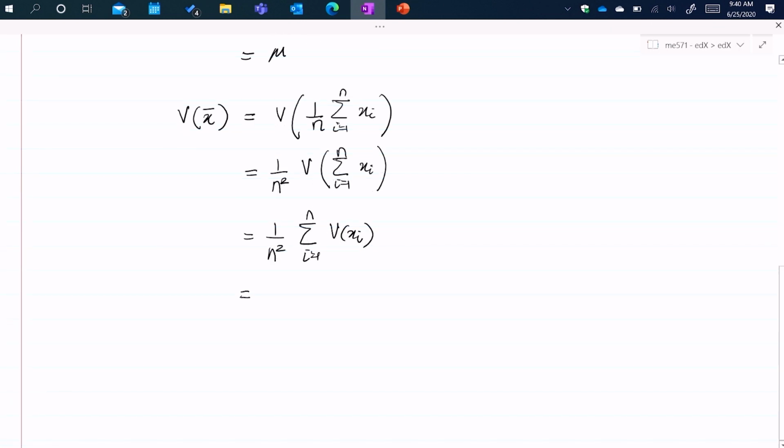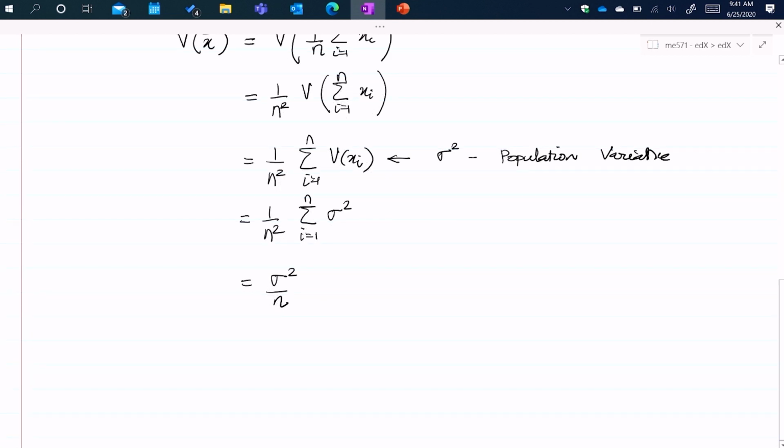And in turn, what we're going to say is that the variance of each xi is equal to sigma squared, which is the population variance. And therefore, this gives us the expression that we seek, which is sigma squared over n.